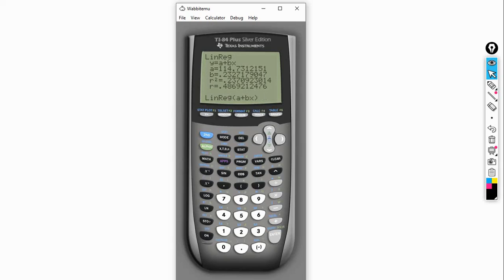So let's say then L2, comma, L1. And let's hit enter. And there we go. Now we have a different equation. Notice that now A is 56.1 and B is 1.02 approximately. So we have our two equations.